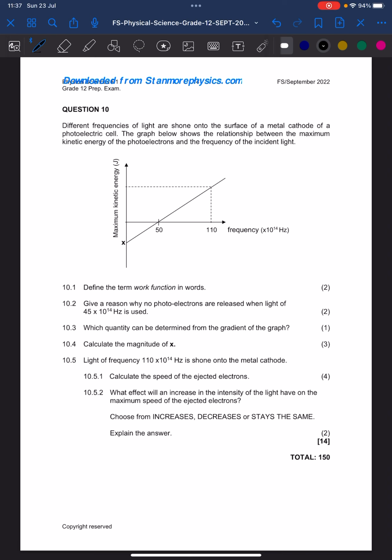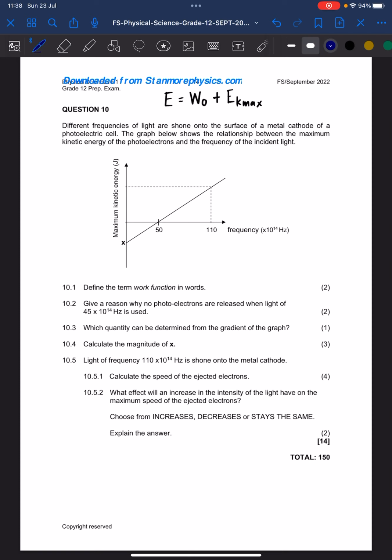Before we get there, we need to go over a very important concept in photoelectric effect, which is breaking down this formula. The main formula for photoelectric effect is: the energy of the incident light, E, is equal to the work function of the metal plus the maximum kinetic energy of the photoelectron.